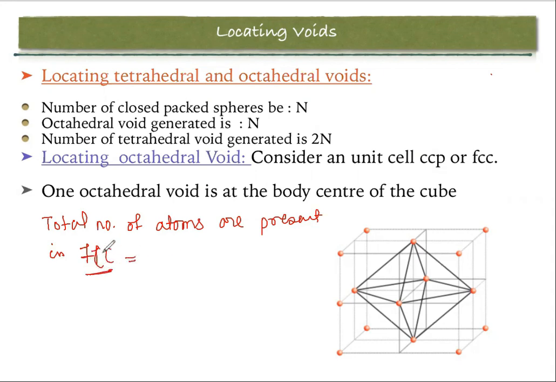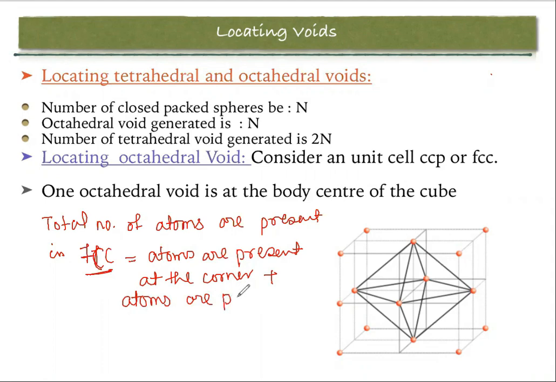As we already know, in FCC, atoms are present at the corners, plus atoms are present at the faces.